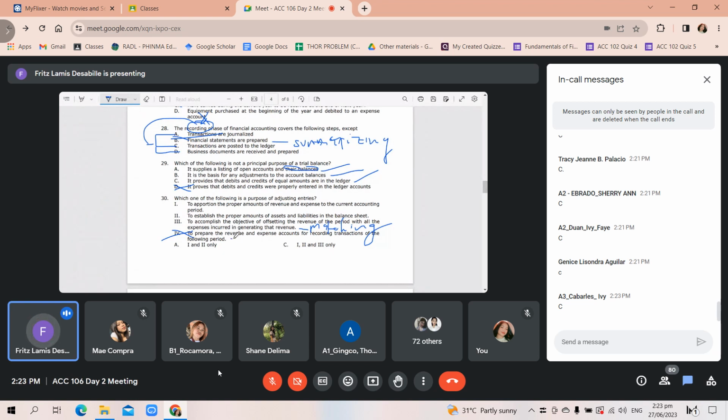Adjusting ni siya or unsa ni siya nga entries? Reversing. So again, ang number four, this pertains to reversing entries actually. So not adjusting entries. Okay, clear ta ana. So any questions on number 30 before we go to number 31?